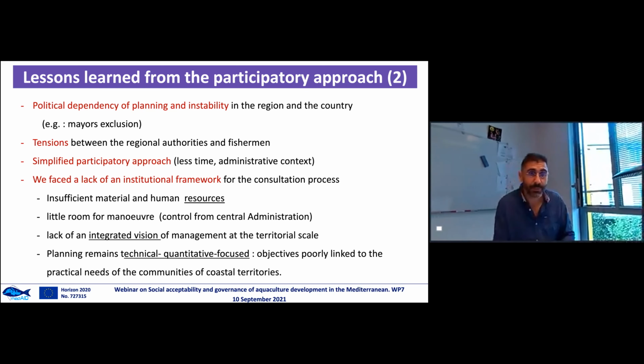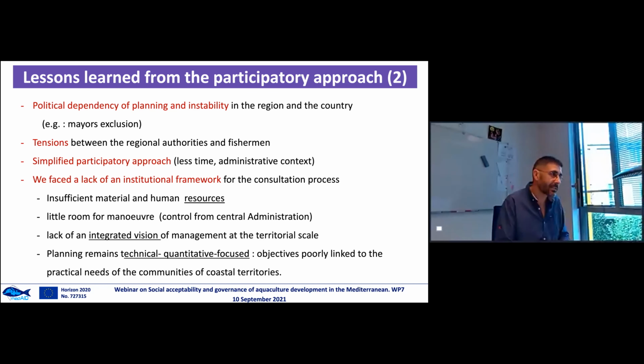We included the measures of the main municipalities in these participatory processes, but there were a lot of tensions between regional authorities and fishermen, which are key stakeholders in this process.